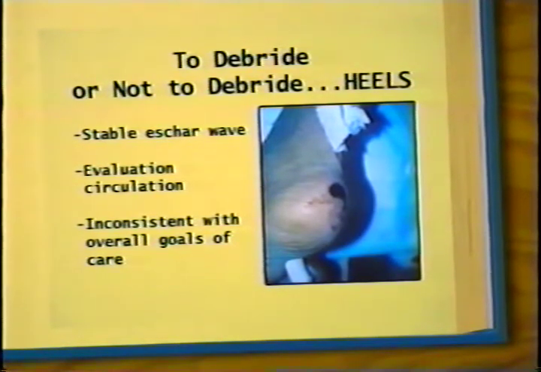It's also important to remember that for some residents, debridement may be inconsistent with the overall goals of care. For example, when the pain of treatment outweighs the resident's wishes or their expressed advance directives. So what should clinicians consider when debriding necrotic heel tissue?